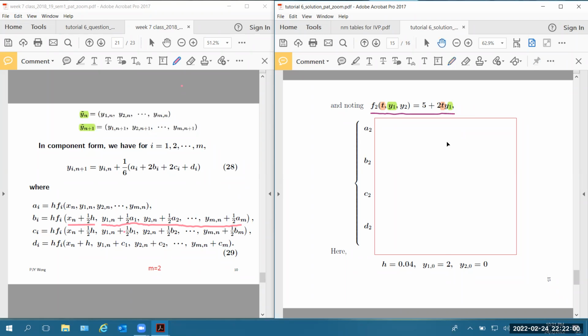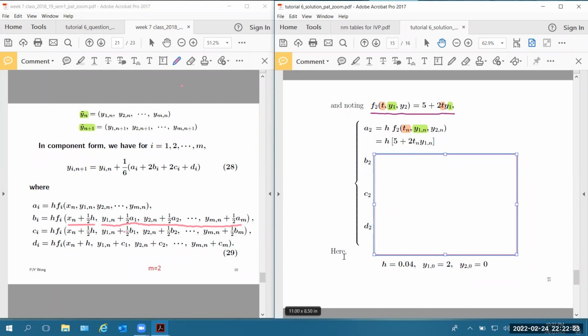Okay, so let's go and write down my A2. A2 is like that. You can see your A here, right? So this is the first one, this is the second one. So if I follow this rule, it will be h times 5 plus 2, the first one, times the second one. So that's why it's this. I hope you see that.